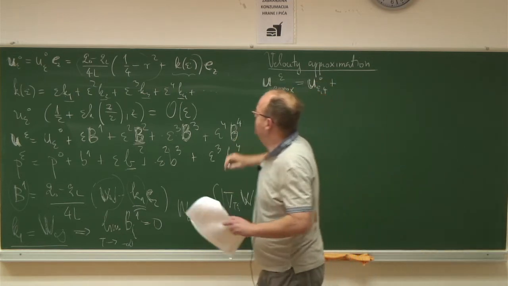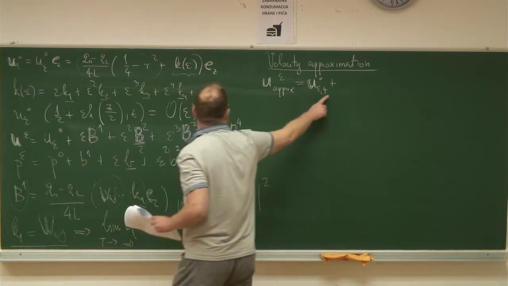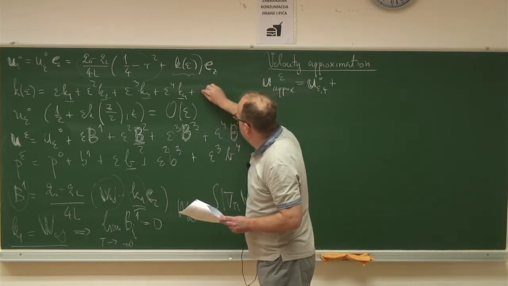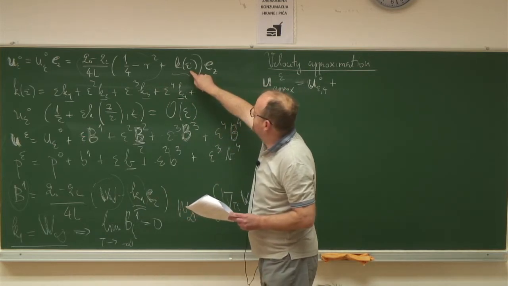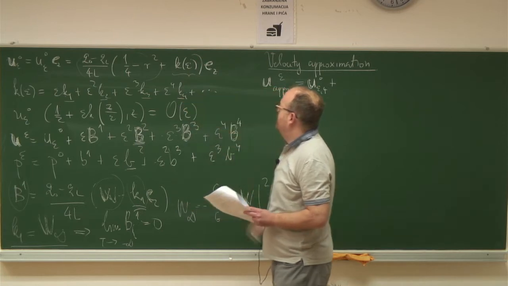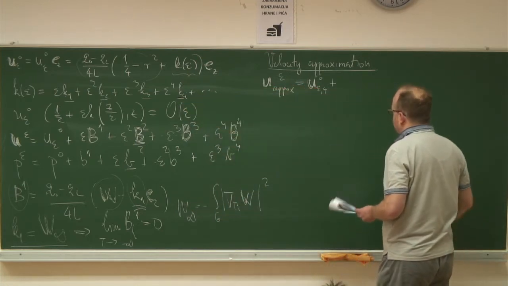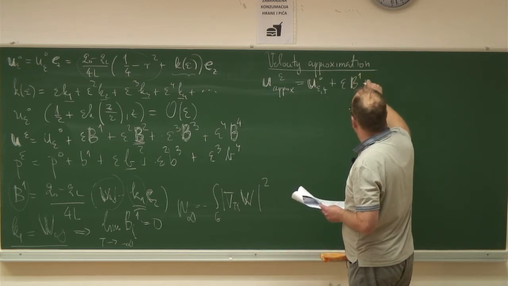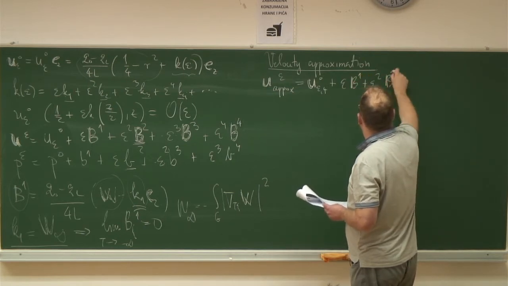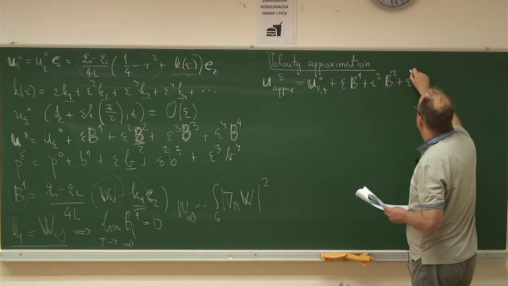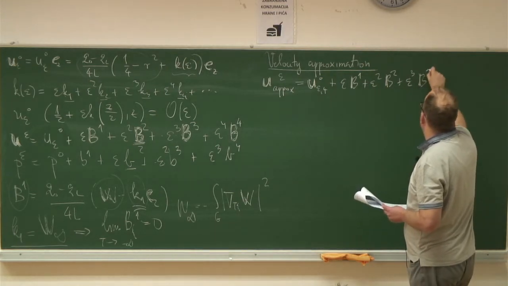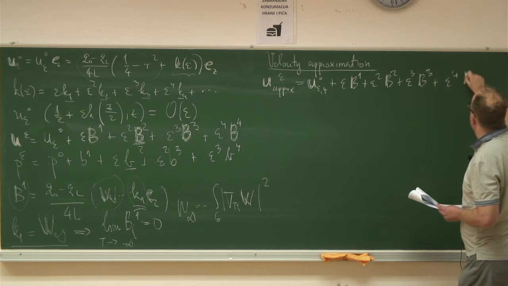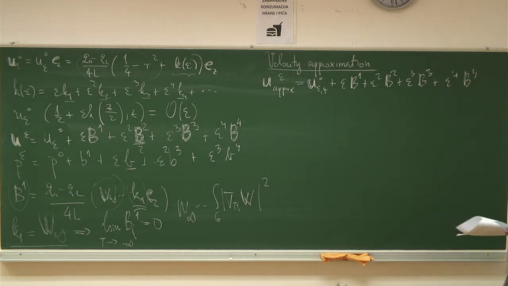So this is this one, y4 here, because we compute this k up to the fourth term, plus the boundary layer correctors. And so this is our velocity approximation.